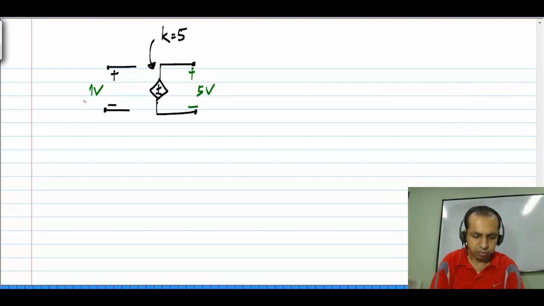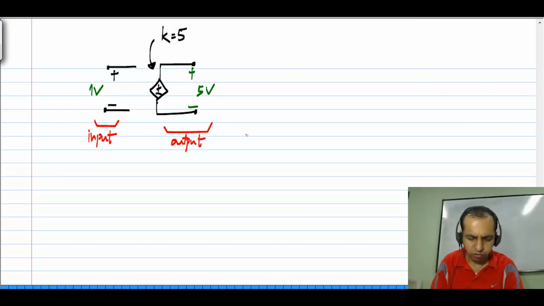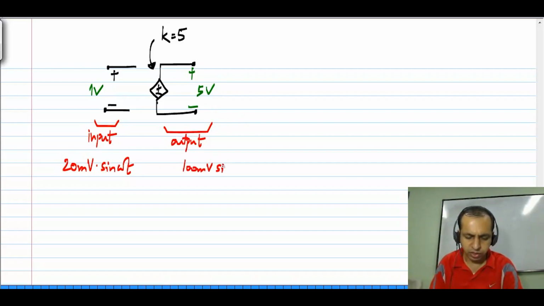Similarly, if I apply an input, you can think of this side as the input and this as the output. If I have 20 millivolt sine omega t applied to this side, on this side I'll get 5 times that, which is 100 millivolts sine omega t.